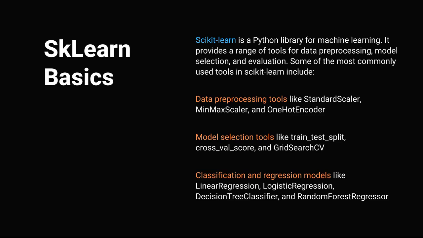Model selection tools like Train_Test_Split, Cross_Val_Score, and Grid Search CV. Classification and regression models like linear regression, logistic regression, decision tree classifier, and random forest regressor. Evaluation tools like accuracy_score, F1_score, and mean_squared_error.